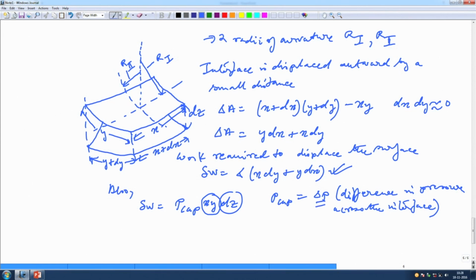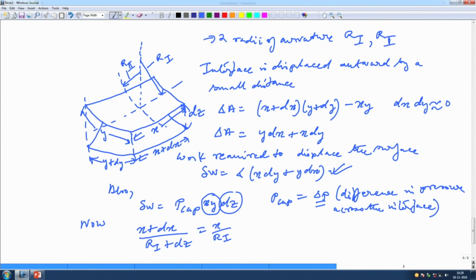Now, these are basically the two expressions. Now, from similar triangles, we can say x plus dx divided by R1 plus dz must be equal to x by R1.